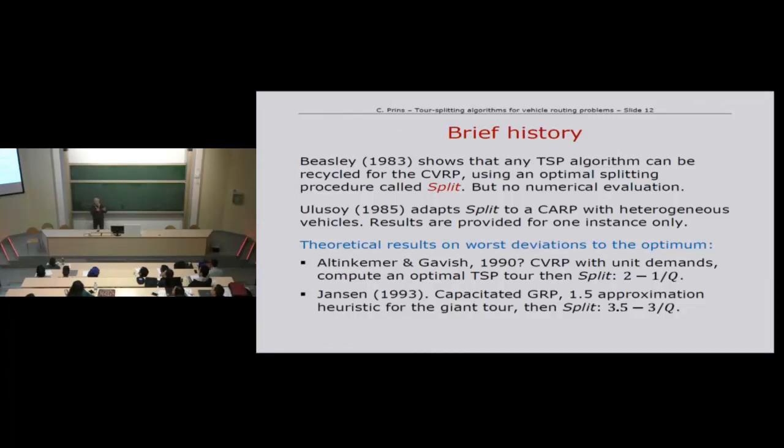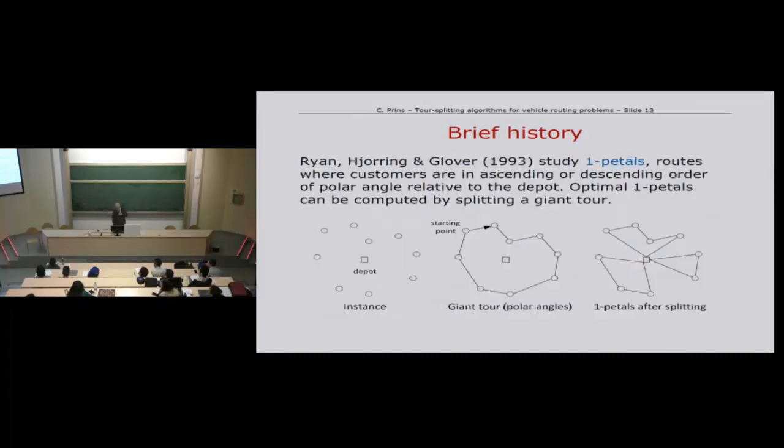So it includes the CVRP and the CARP as a special case. And Ryan, in fact, it was in the PhD thesis of Schöring. I have no idea about the pronunciation of this name.